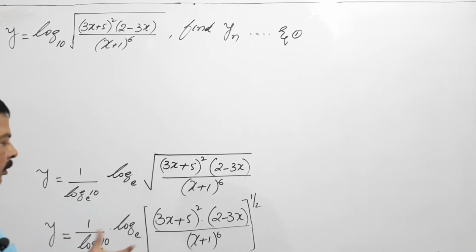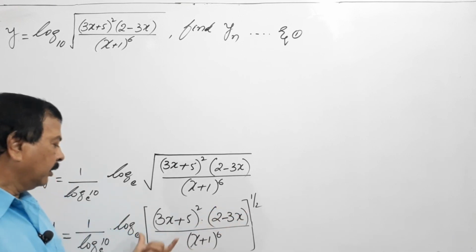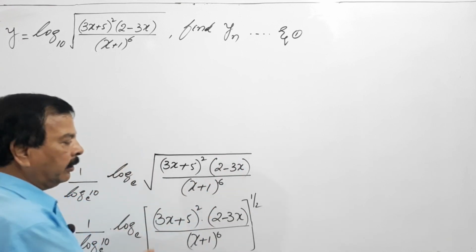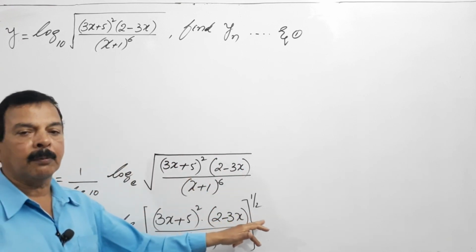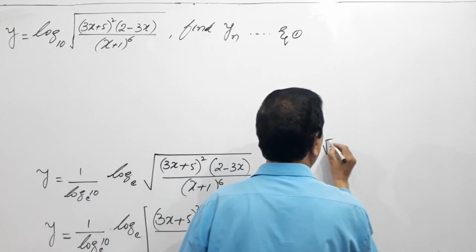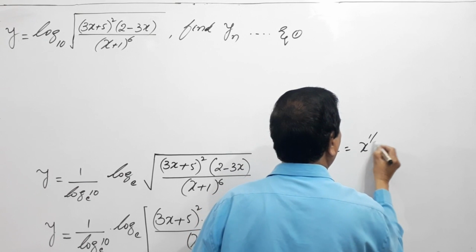Now let us solve for this. We have 3x plus 5. What I have done is remove the root and put the power half, since square root of x is nothing but x to the power of half.